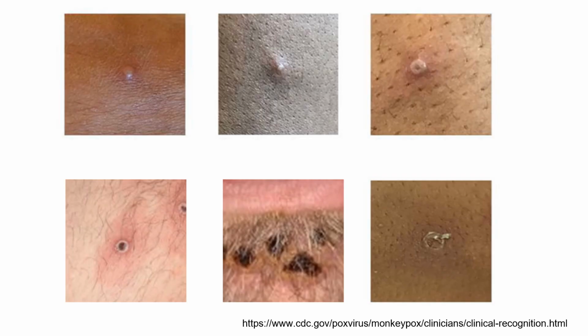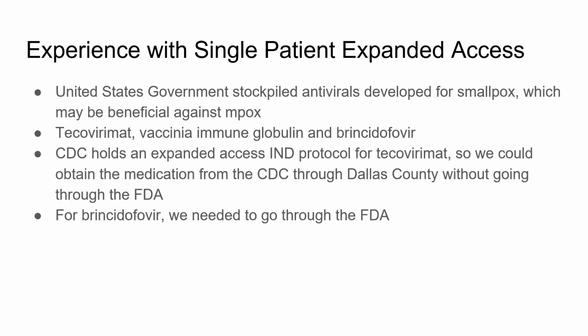These are some images of how Mpox can look. It starts as a vesicle, as indicated on the top left, develops into a pustule, which then umbilicates. On the bottom, you can see the continued evolution with it scabbing over and subsequently resulting in scarring. The United States government stockpiled antivirals that were developed for smallpox, which may be beneficial against Mpox.